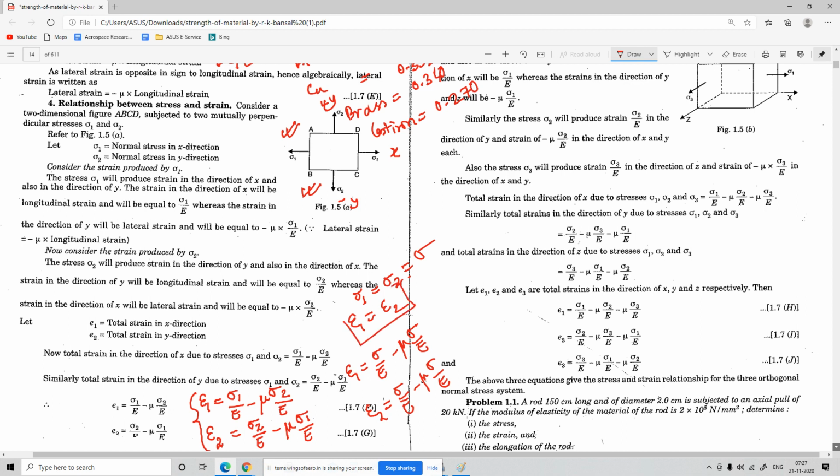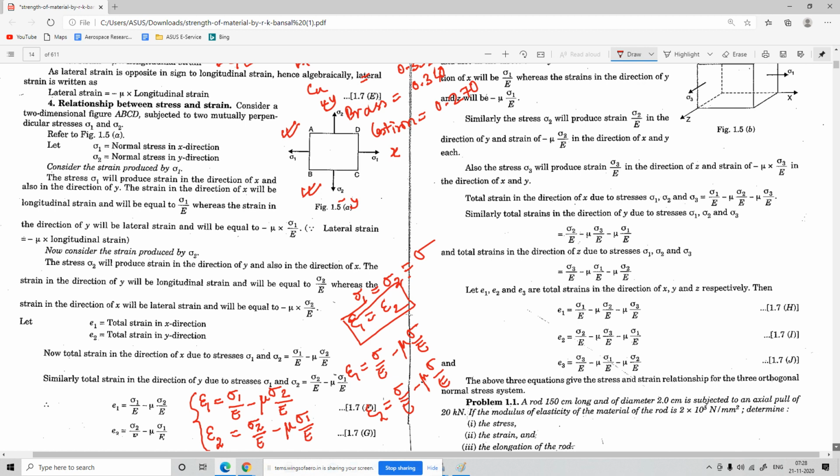Can I state that epsilon 1 will be equal to epsilon 2? Yes, ma'am. So they will ask such kinds of questions. They will define the problem, say sigma 1 acts this way and is this much, and you need to find out how they vary with each other. So you have to be alert about this.